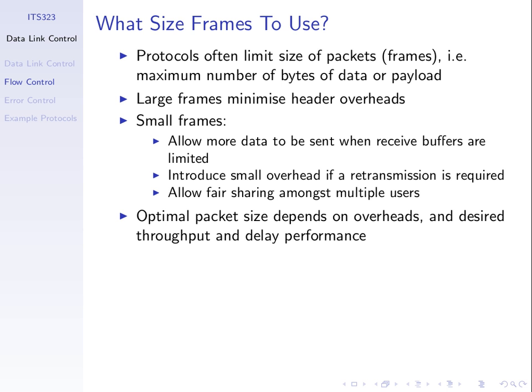So if there were no errors, a larger frame is better in terms of the header contributes less to the overhead. Here, if we calculate, this is 10,000 bytes of data plus 100 bytes of header or overhead. So small frames are good if there are errors, but they're bad in terms of there's more header.